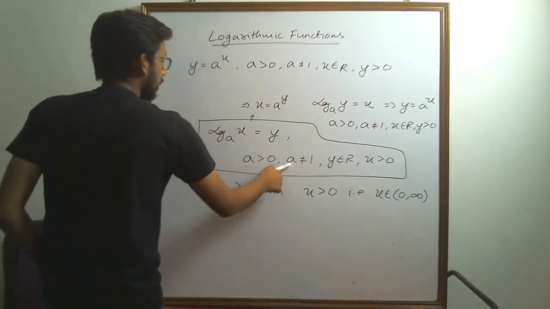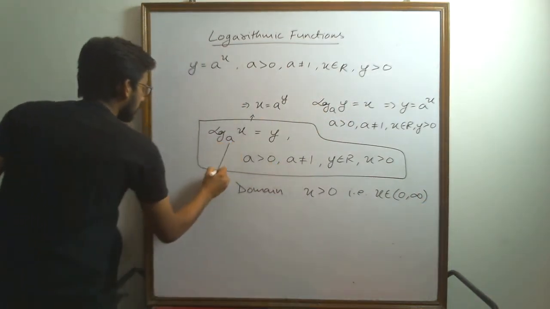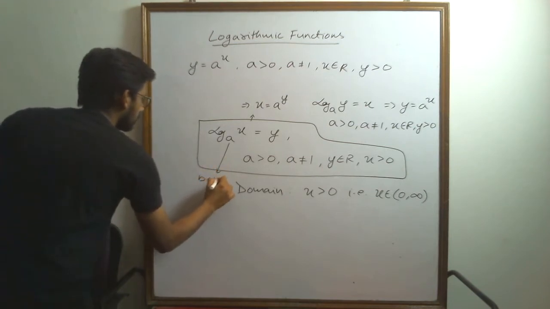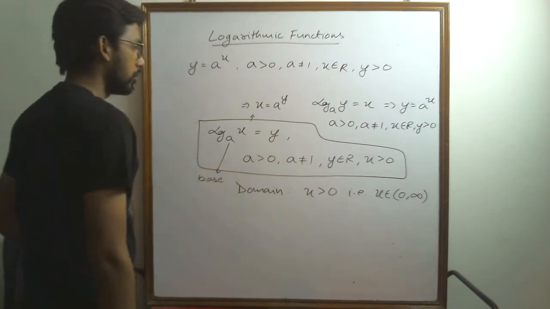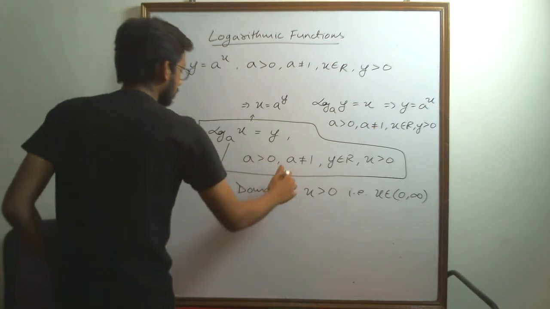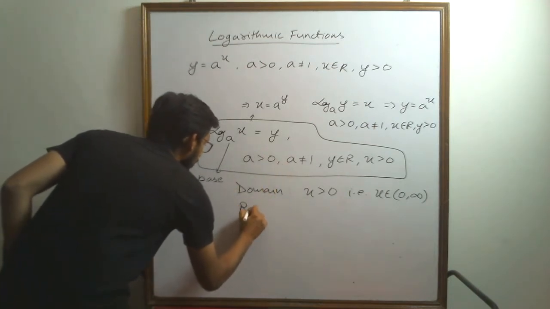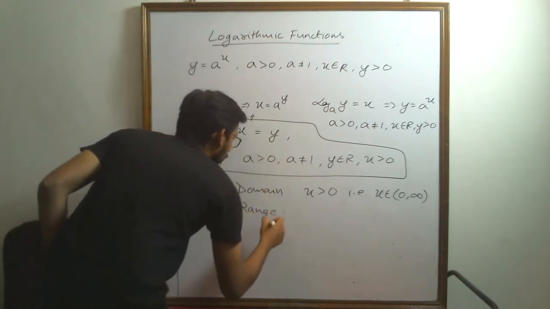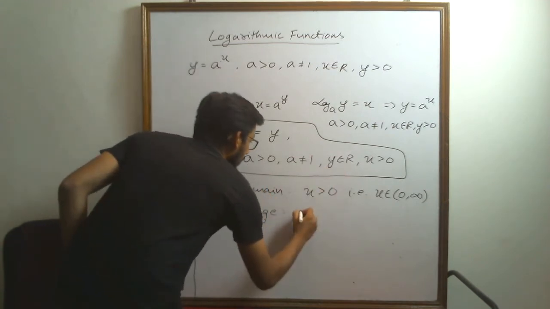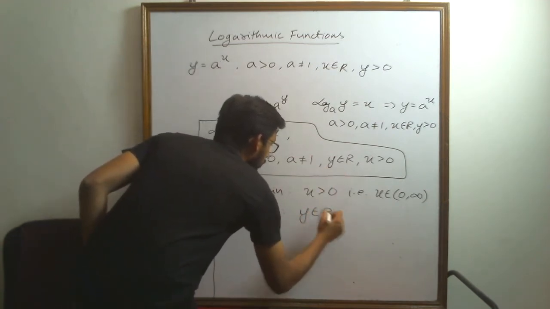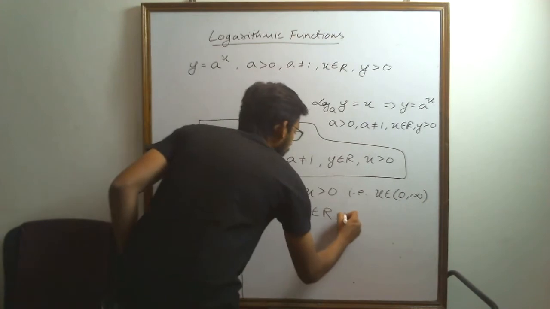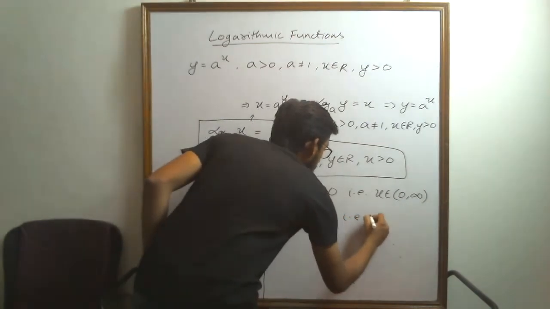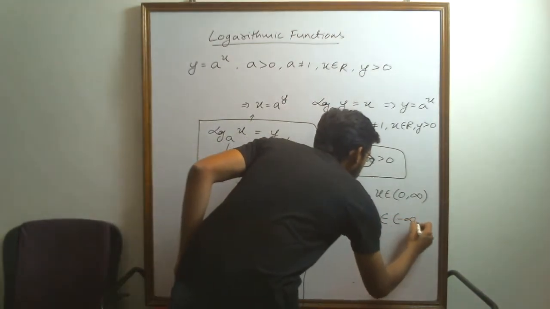A is greater than 0, a is not equal to 1, a is known as the base. So these conditions apply to the base. Also, the range of the logarithmic function is y belongs to the set of real numbers, so all real numbers, that is y belongs to minus infinity to infinity.